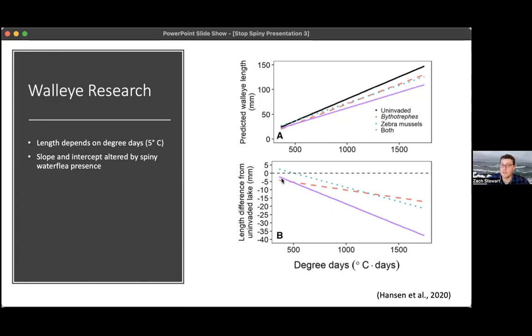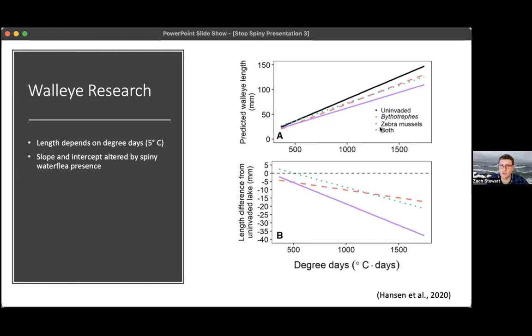However, in a lake that's been invaded by spiny waterfleas, on the orange dotted line here, you can see the slope is actually negative. So the longer that walleye lives in that lake, the farther behind it's falling on its growth. And we're seeing, after 500 degree days, a 5 millimeter length difference towards the smaller side. And then that change compounds over time, and walleyes who are trying to feed in a Bythotrephes invaded lake are falling farther and farther behind on that growth curve.